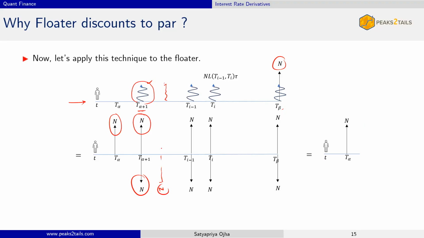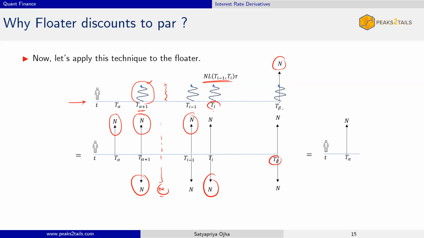So basically every point will have a positive n and a negative n. At Ti, this particular floating payment is this and this. Hope that makes sense. So you will have this plus n minus n at every single point.